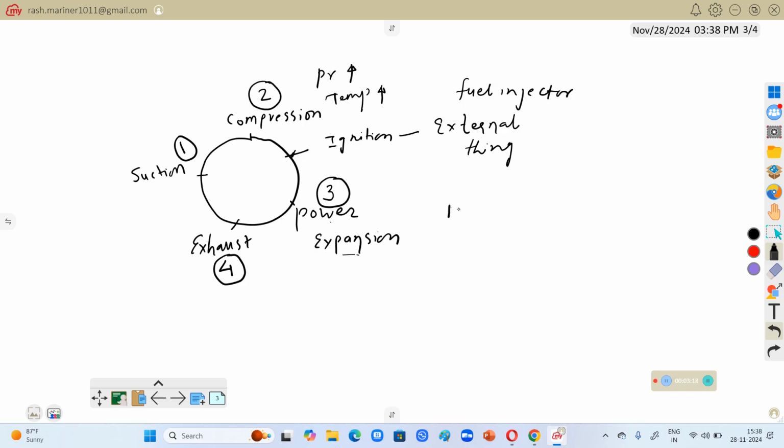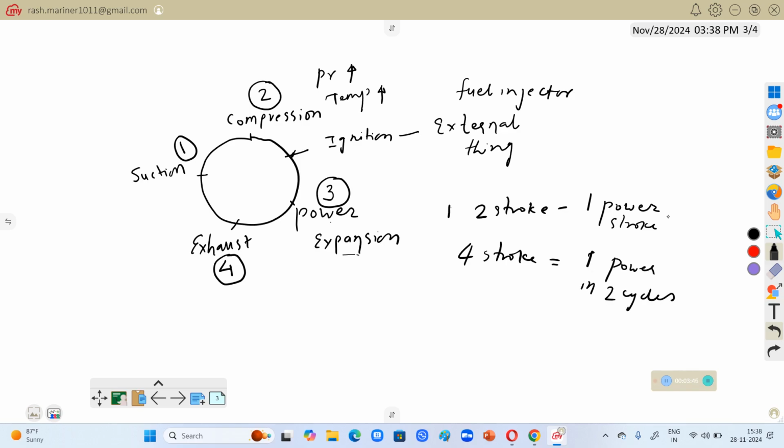So in two-stroke, one power stroke in one cycle. Four-stroke, one power stroke in two cycles.